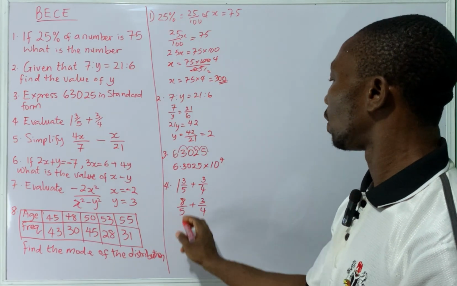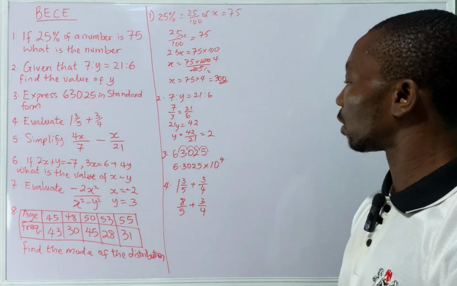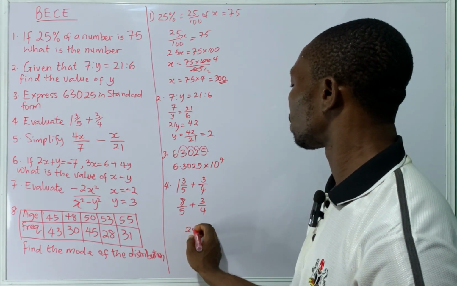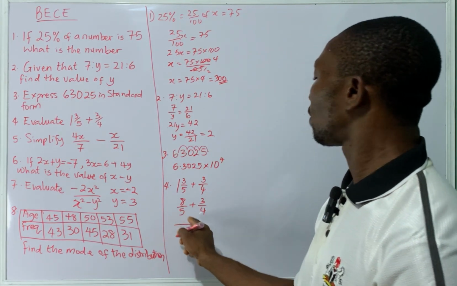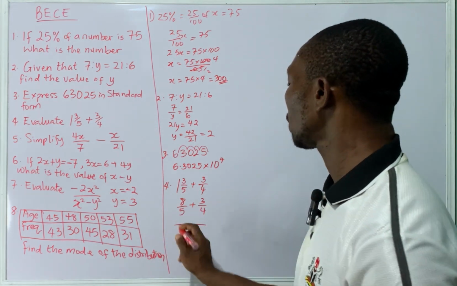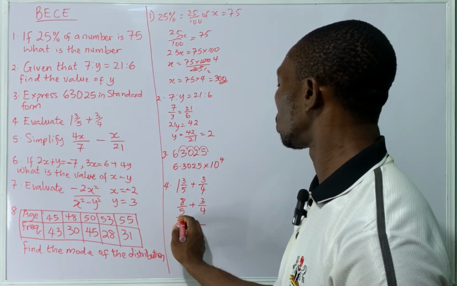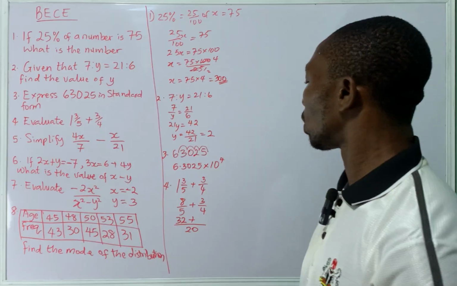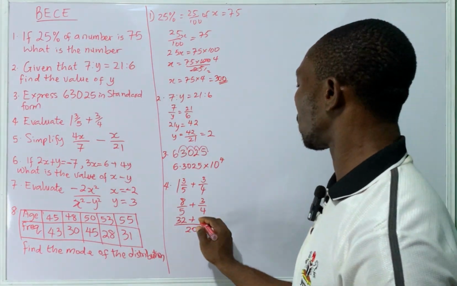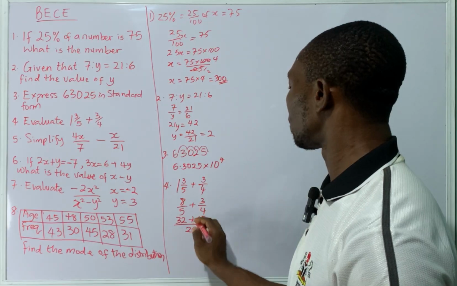Okay, now our LCM of 5 and 4 is 20. 5 into 20 is 4. 4 times 8 gives us 32, plus 5 into 20 is 5. 5 times 3 gives us 15.